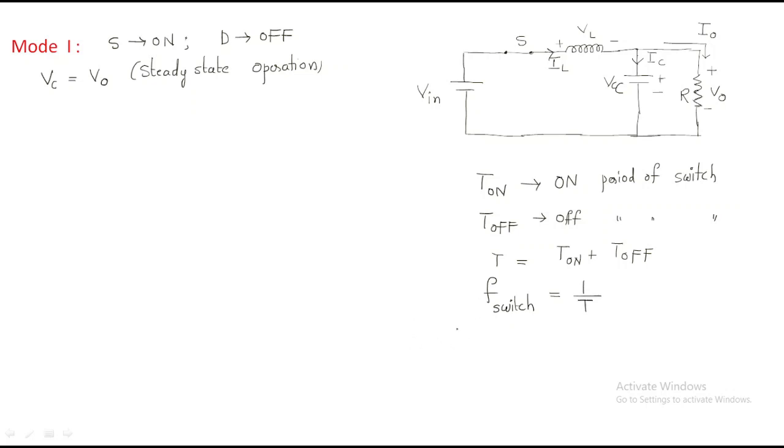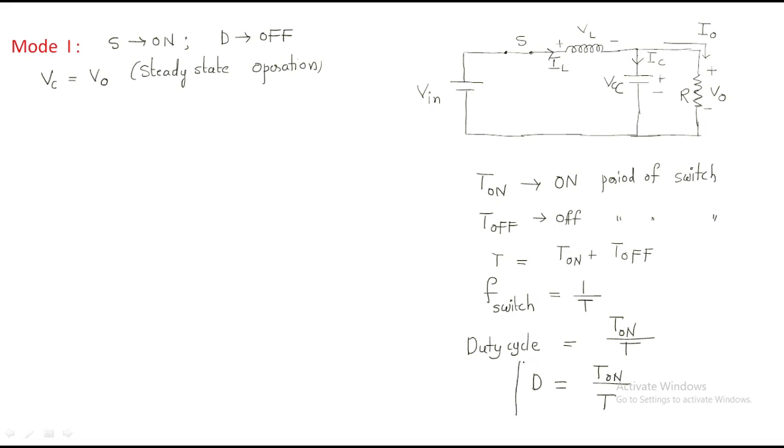And we can define a term called the duty cycle, equal to the on time period by the total time. The duty cycle is represented with the symbol D. Sorry, on time by total time.